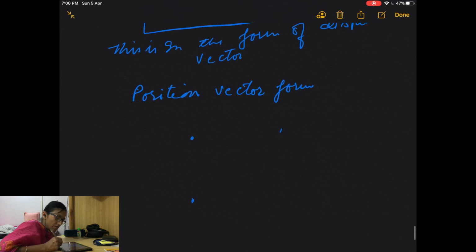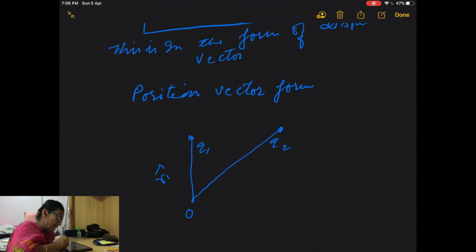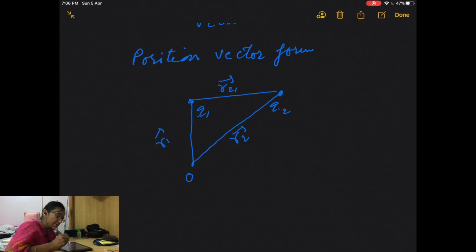Let me do some vector calculation here. Suppose we have two point charges Q1, Q2, and their directed distances from the origin are R1 vector and R2 vector respectively, and the displacement vector from Q1 to Q2 is R21 vector.